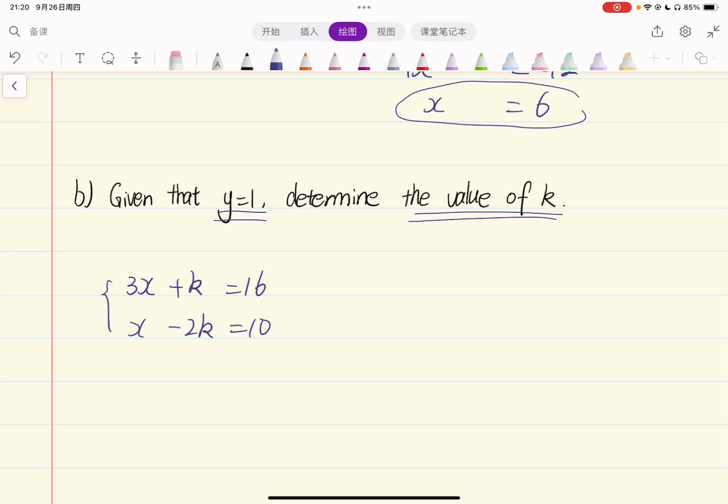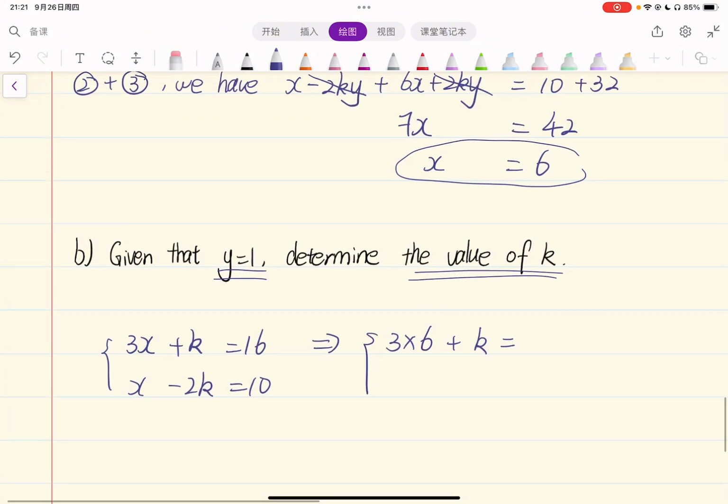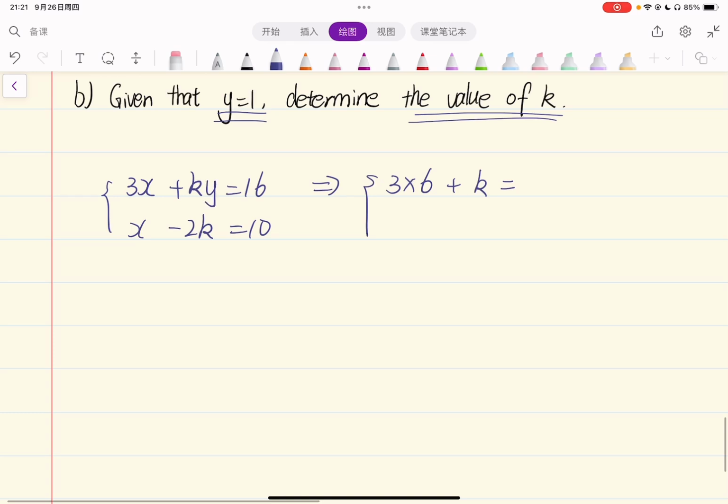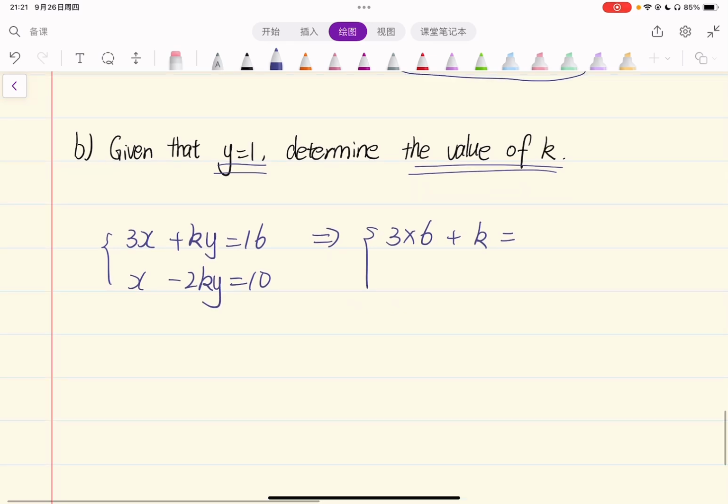So we can write that 3 times 6 plus ky equals 16, and 6 minus 2ky equals 10, right?